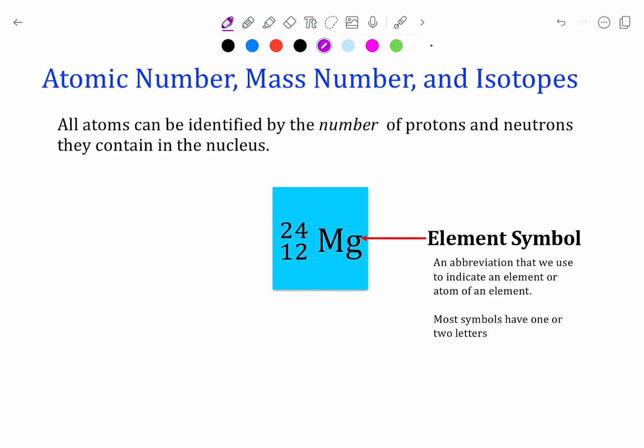Their number of electrons doesn't matter. Specifically, we can identify a specific atom by its number of protons. So when you're looking at a periodic table or some other sort of atomic symbol, we're going to typically see three different things. So this is an example of an atomic symbol.